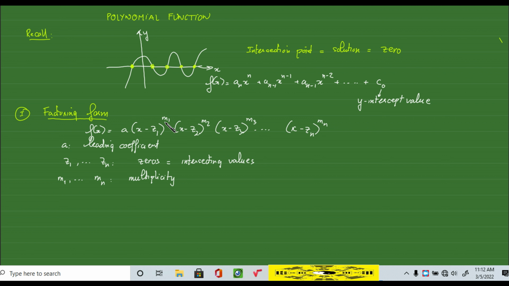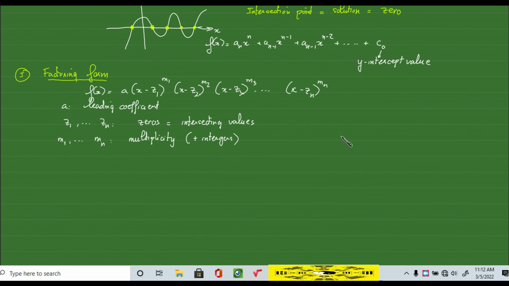So it tells you how many times the factor multiplies itself. And the multiplicity over here, of course, must be a positive integer. It cannot be negative. Now, let me give you an example so that it's easier for you to visualize and understand. I can have something like this.